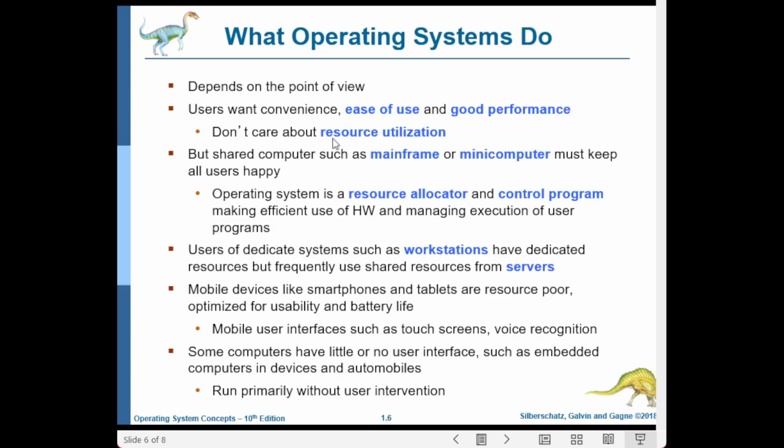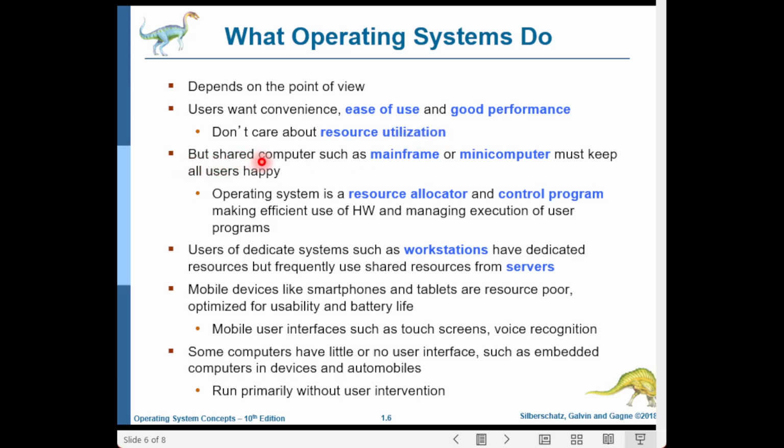They don't care about resource utilization. Why? Because from the user's view, users of dedicated systems such as workstations have dedicated resources, so they don't care much about resource utilization.